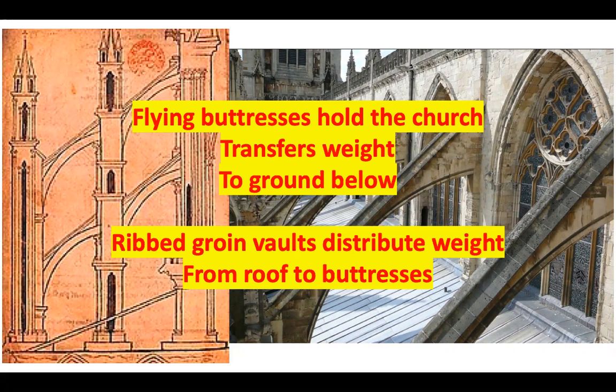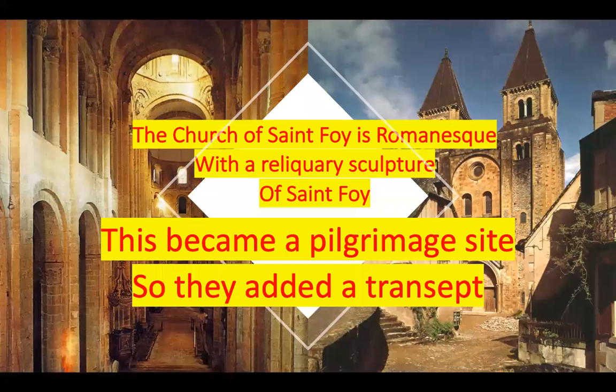Ribbed groin vaults distribute weight from the roof to the buttresses. The Church of St. Foy is Romanesque with a reliquary sculpture of St. Foy. This became a pilgrimage site, so they added a transept.